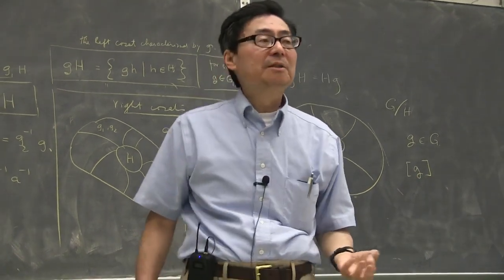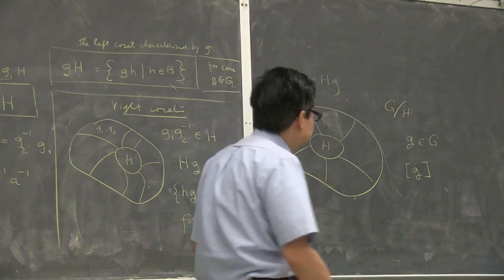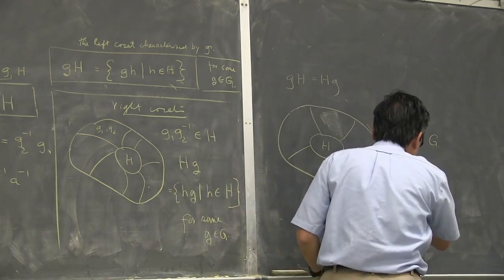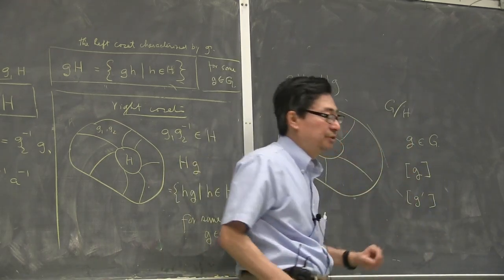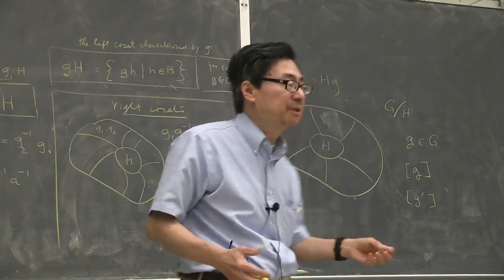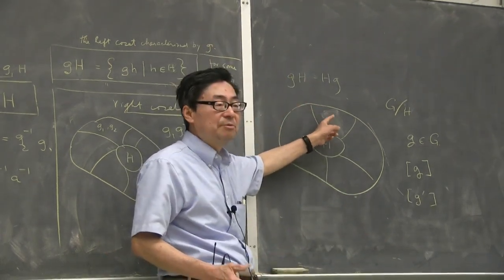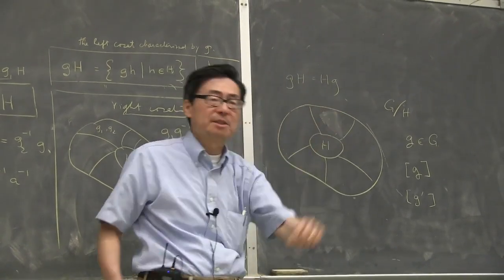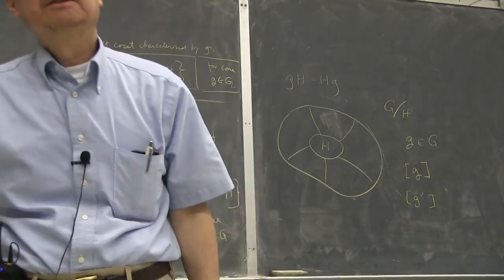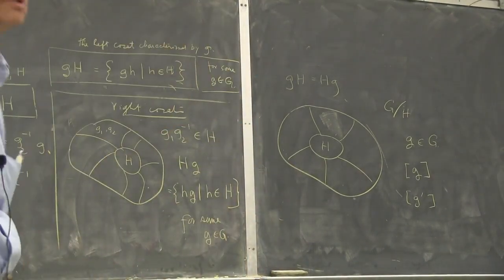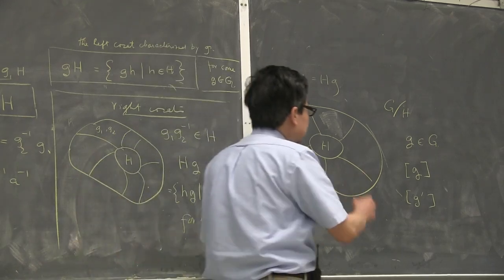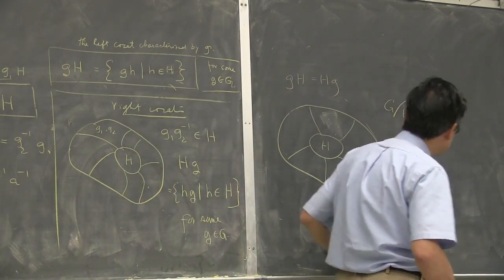That's why, of course, I can have two different g's characterizing the same coset, right? Because I have many different group elements in the same coset. But one of them is sufficient to characterize a whole coset. Okay? So let's say that this characterizes a whole coset.